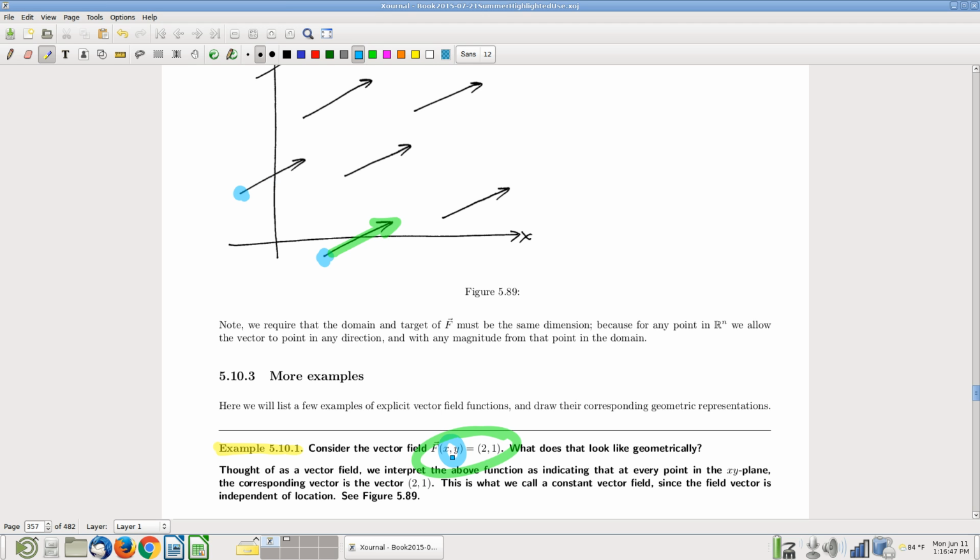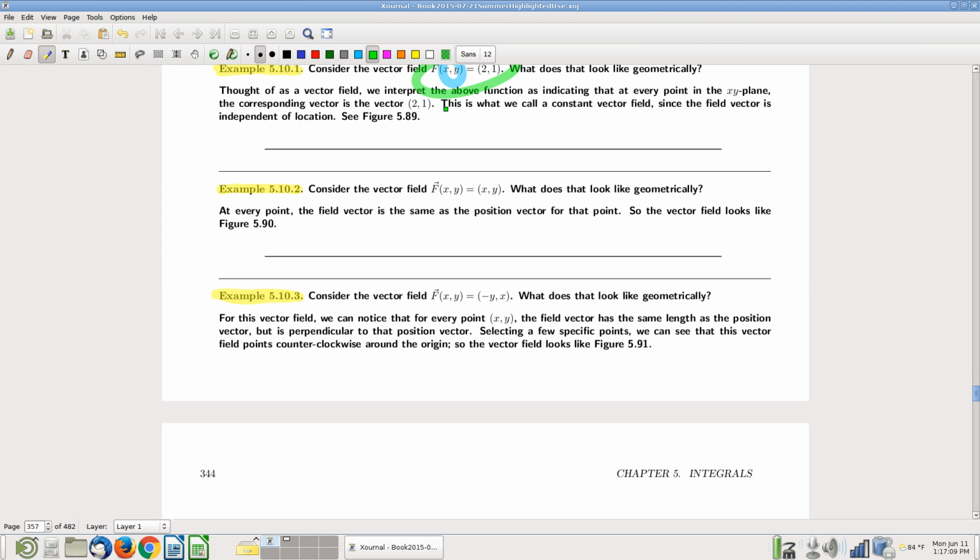There's a different x comma y, and the value of the vector field is still 2 comma 1. And for this point over here, again, the same 2 comma 1. And so we get a bunch of vectors, all the same, 2 comma 1, associated to different points. Here's another one. Zoom back in.